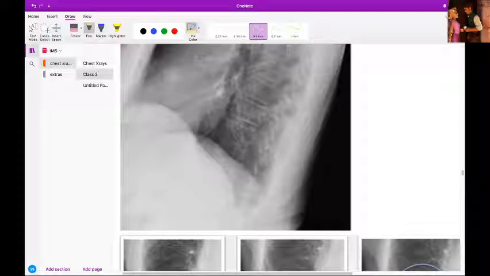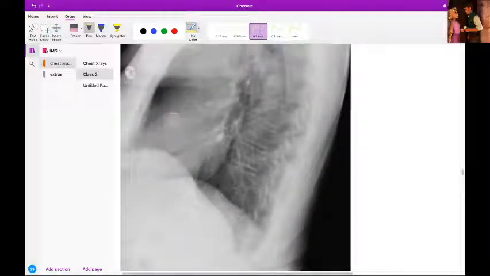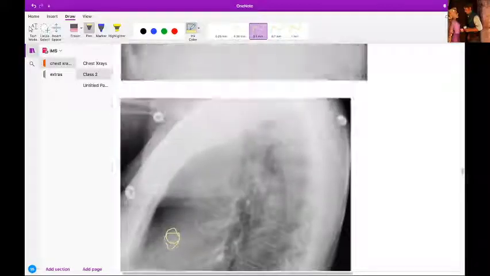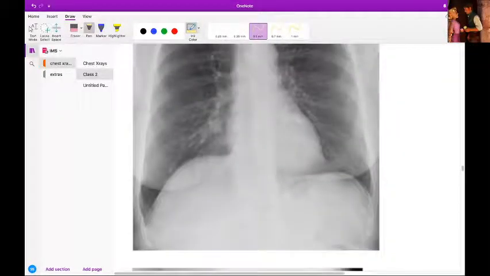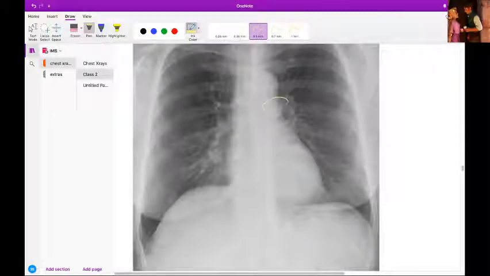I forgot to write where the nodule was. This is the nodule. I think it's the left middle one only. I think he's right. Or was it this one? I don't know. Maybe it's that. I'll check and tell you guys. Now I forgot which one it was.